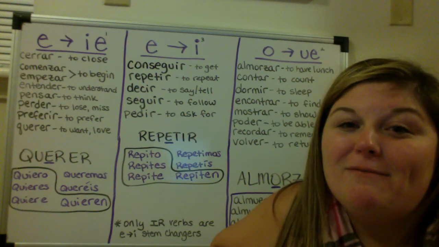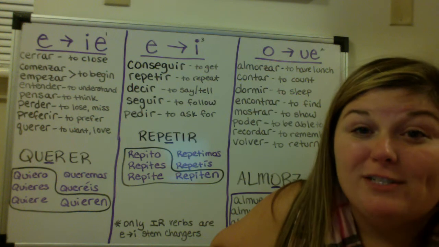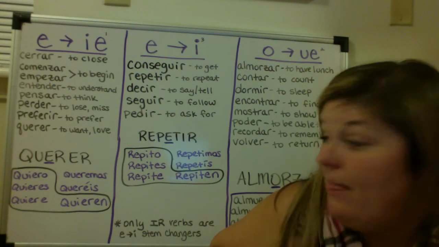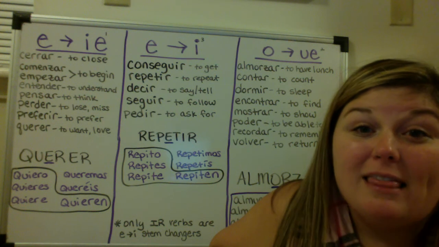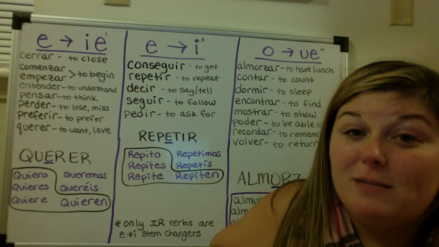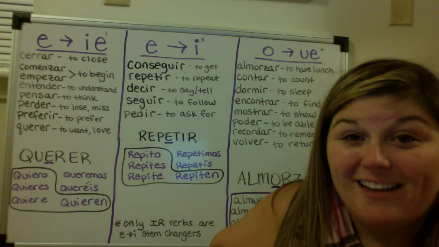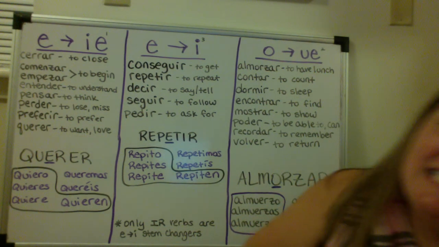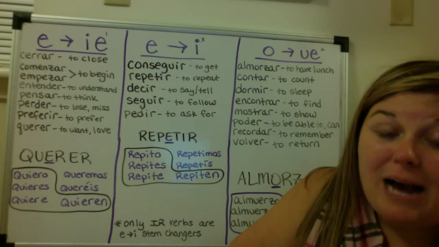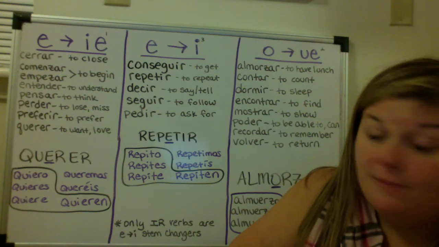And this is a fun way, sometimes a helpful way for some students to remember that the nosotros and the vosotros forms don't stem change. So you can think of it, maybe there's not enough room in the boot or the shoe to fit those conjugations in there.